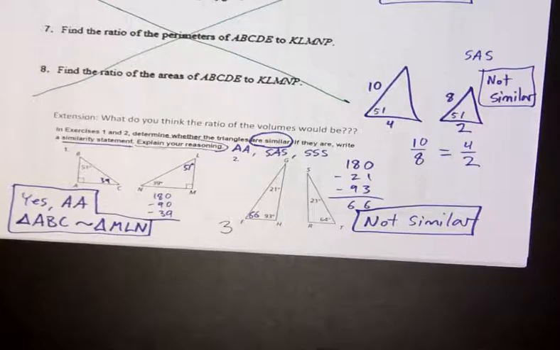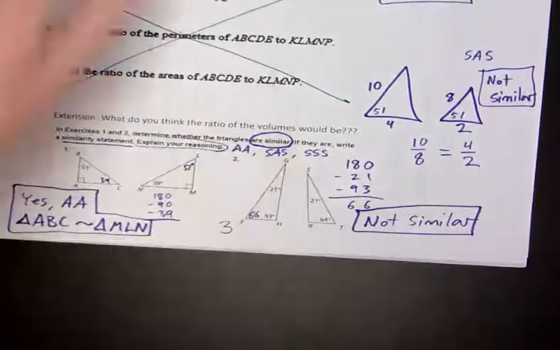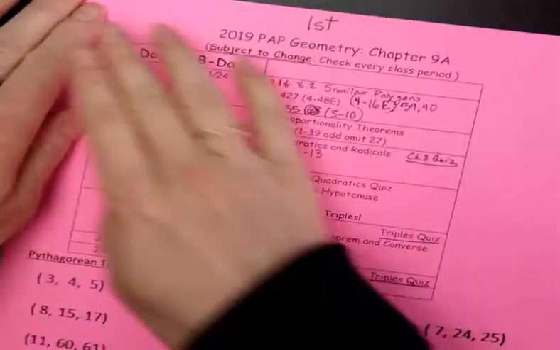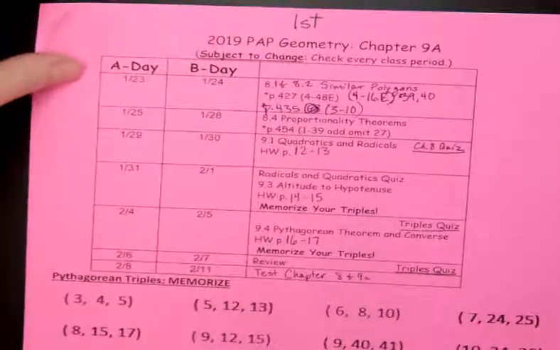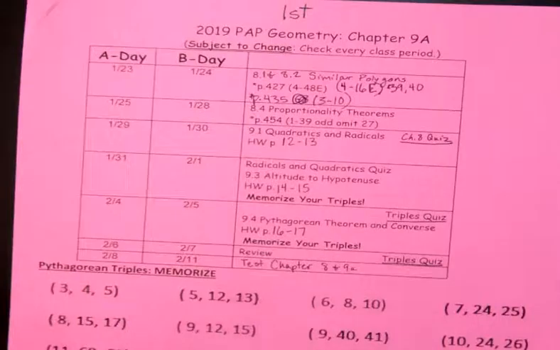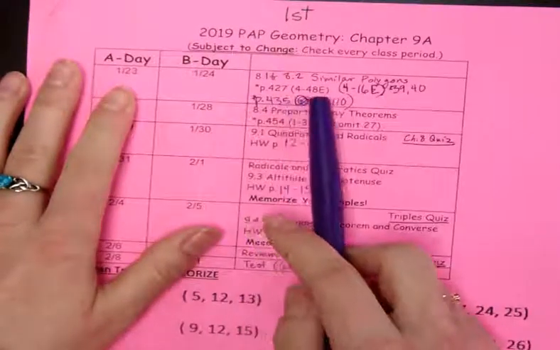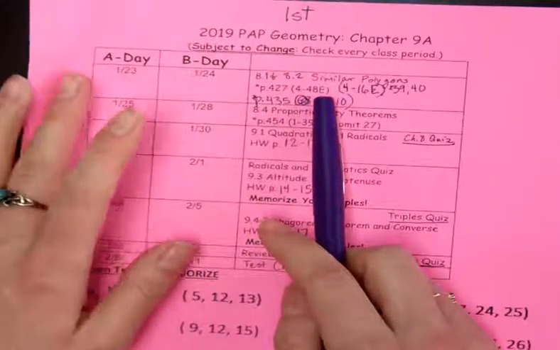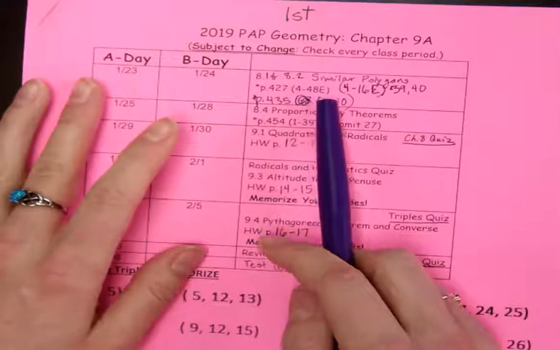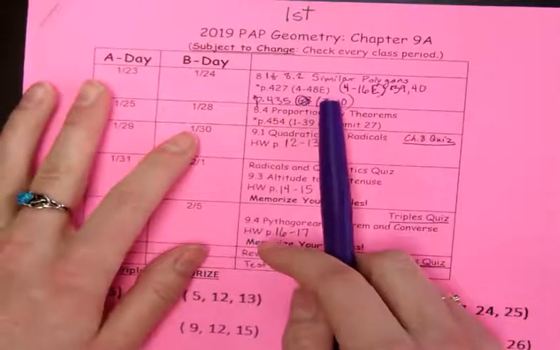Okay, so your assignment, let's look at our calendar real quickly. Your assignment today was going to be numbers 4 through 48 evens, which is like 24 problems on Big Ideas. But then we looked through it.